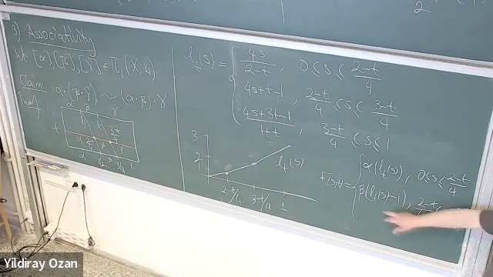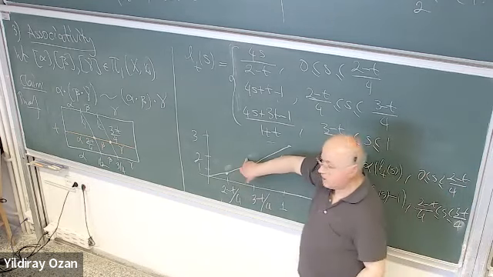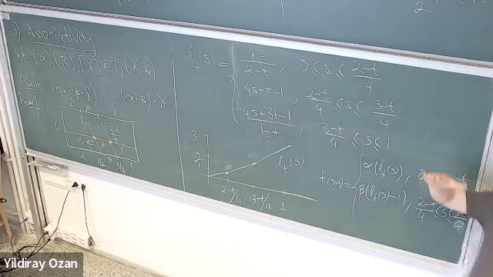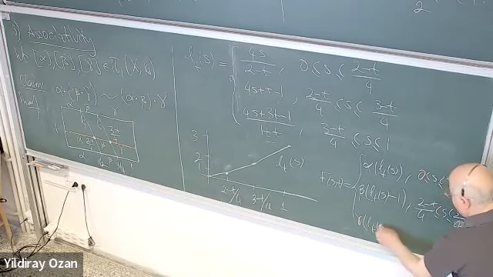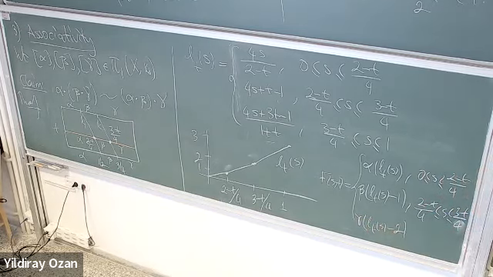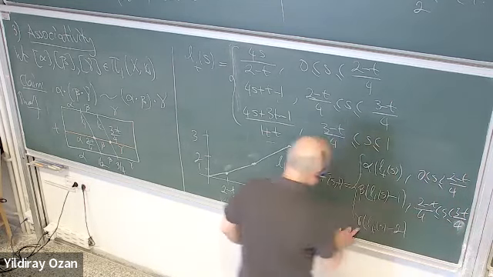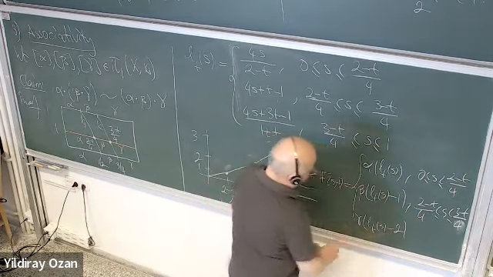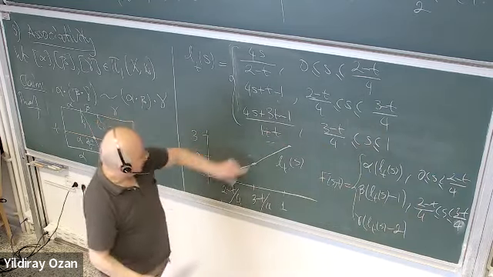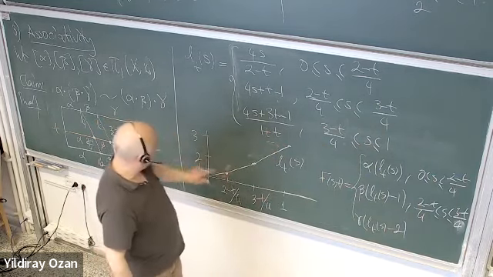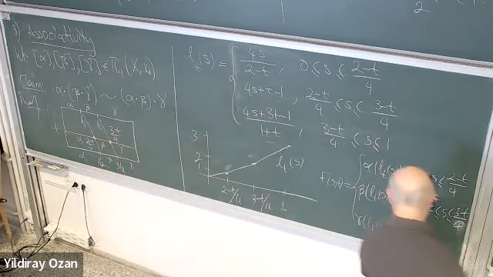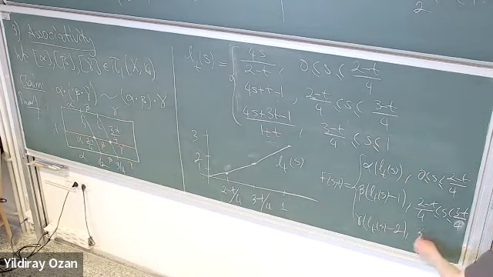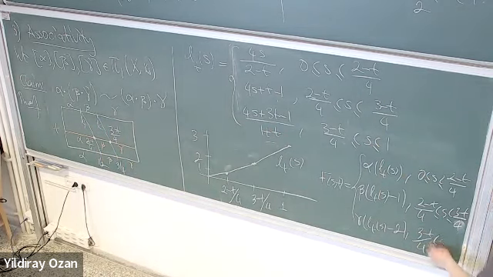I subtract 1, because the image set was from 1 to 2; subtracting 1 gives 0 to 1. I put that inside beta. And here we put L t s, but I subtract 2 because inside of gamma I should put a number between 0 and 1, and the image of this on this interval is between 2 and 3, so you subtract 2. Okay. Here 3 minus t over 4 and 1.